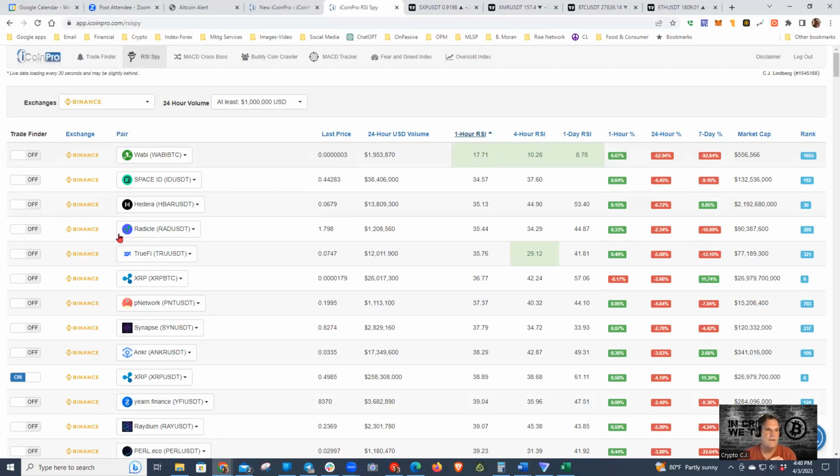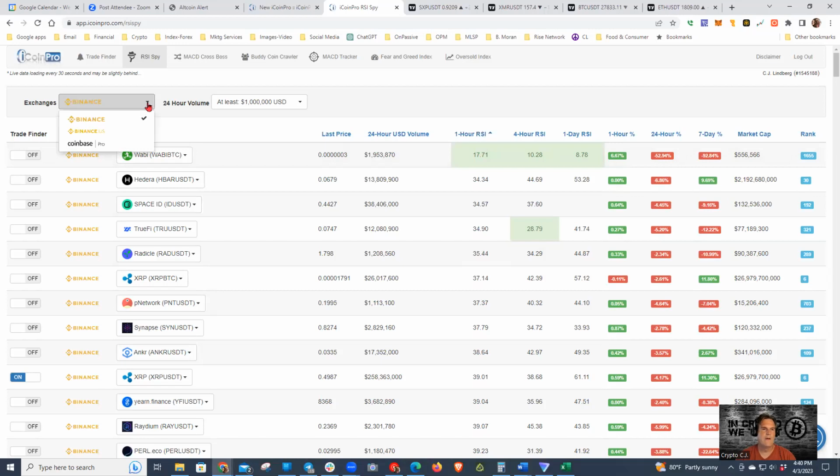And pretty much all the coins that are in Binance, and if it's in Binance, it's a pretty good chance it's in Bybit and BitGet and some of the other exchanges we like to trade, and even Coinbase and KuCoin. If you're in iCoinPro, you can choose Coinbase Pro if you want. But I like to use the Binance charts probably just because I started with them, and even though I don't trade on it anymore, it's just what I'm used to.